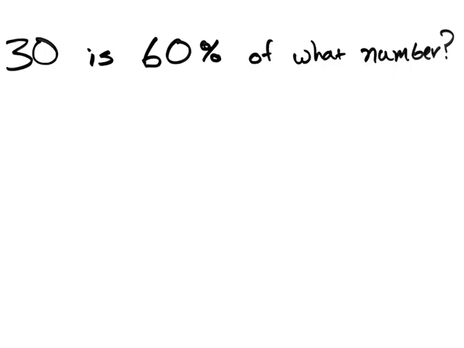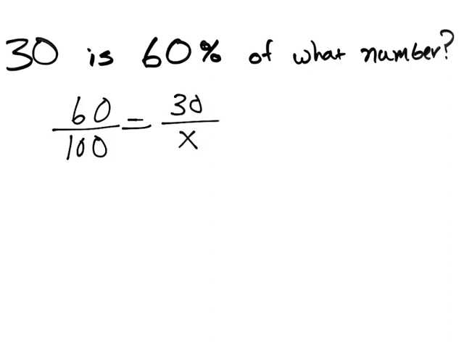Okay, this one, 30 is 60% of what number? So, 60 over 100 is our percent. It says 30 is, so 30 would be our top, and we want the whole number because we're trying to find of what number, so we have not found our whole yet.